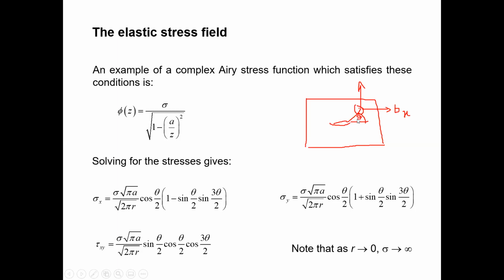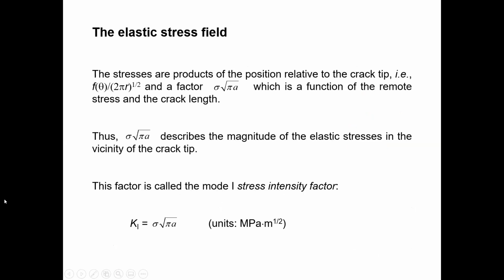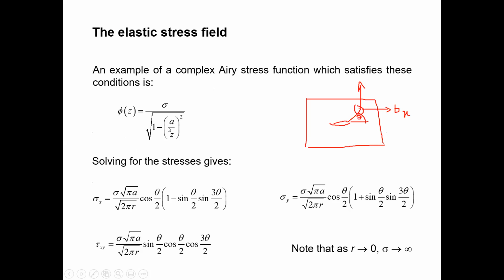That is the meaning of r, and theta also gives that location. So that is f theta divided by the square root of 2 pi r. This is a function of theta, then this is divided by the square root of 2 pi r. That's the thing. This one we already know.